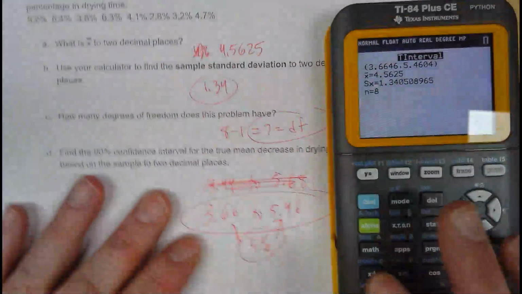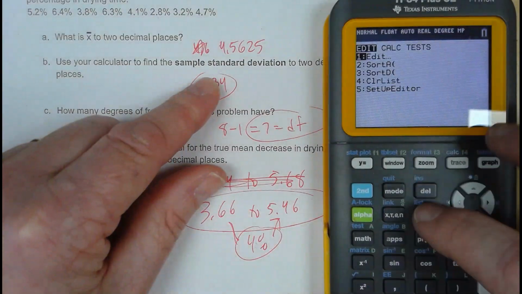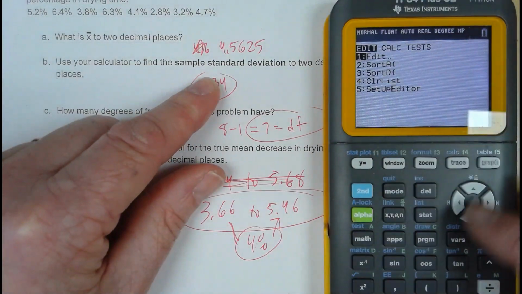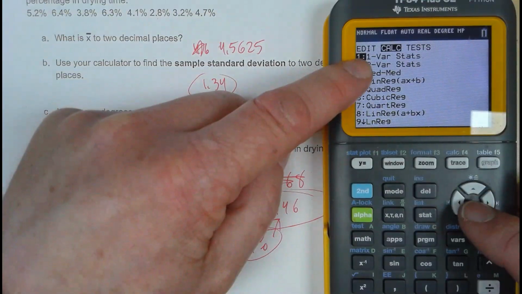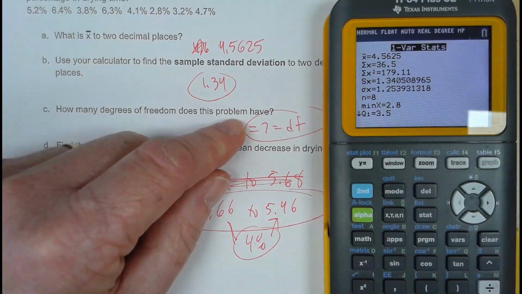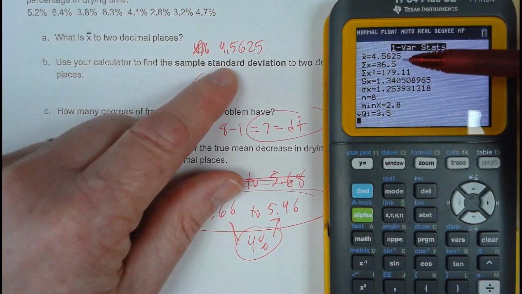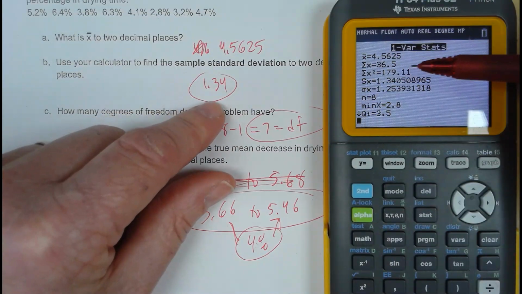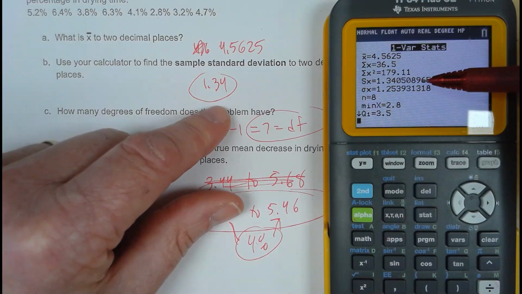You can also find these answers by doing Stat, Calculate, and then you just calculate a one variable statistic on L1, and it spits these numbers out. Like there's the average, there's the sum of the numbers squared, the sample standard deviation, and the population standard deviation, and there's 8 numbers.